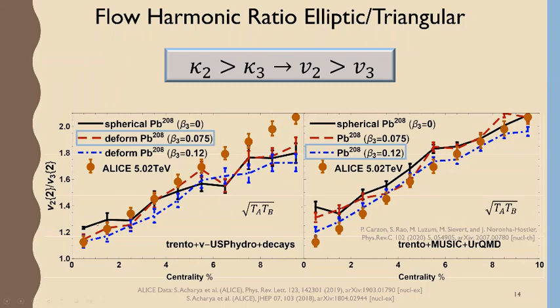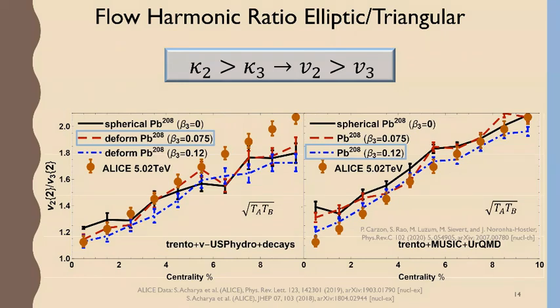And for VUSP hydro, it prefers the smaller beta 3 deformation, whereas the MUSIC hydrodynamic evolution prefers the larger beta 3 deformation.